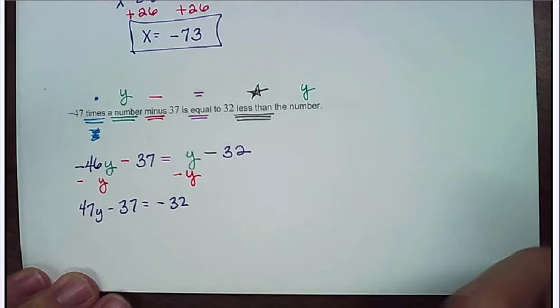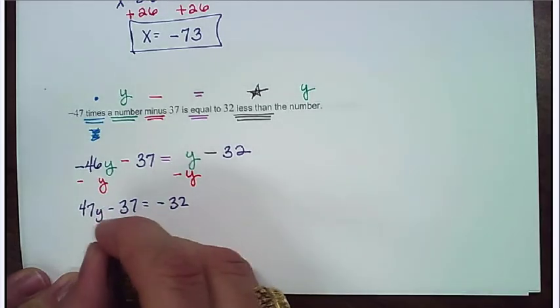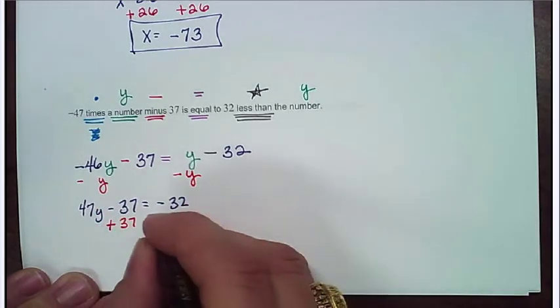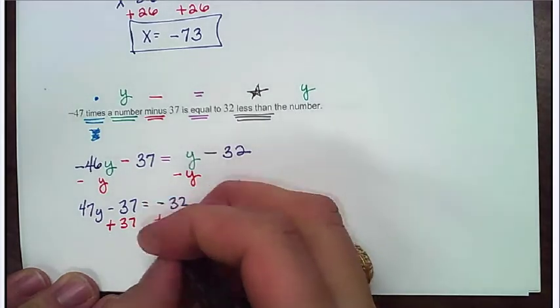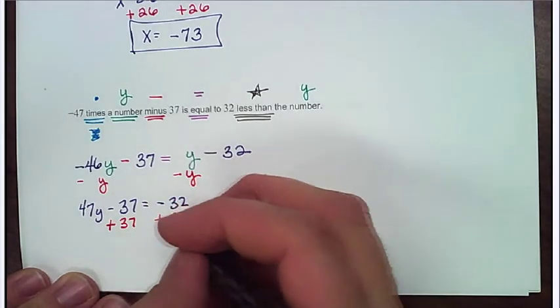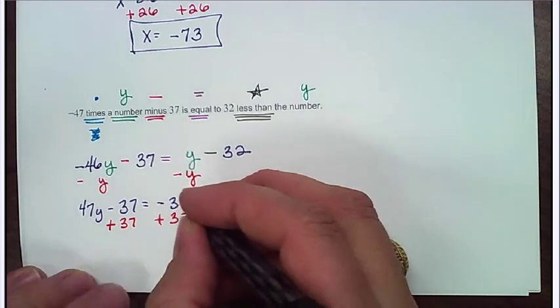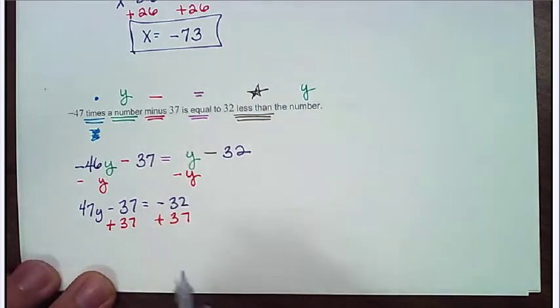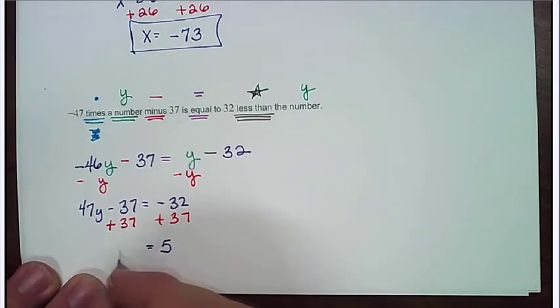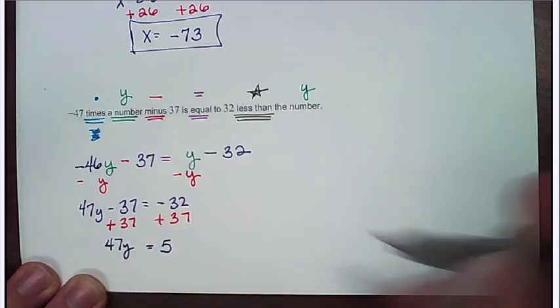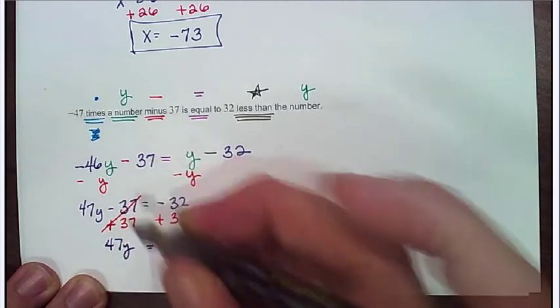Well, now I need to add 37. Again, my signs are different. I have to subtract and keep the sign of the larger. Well, 37 minus 32 is going to give me 5. My larger number is positive, so I'm going to be left with a positive 5 is equal to 47y because my 37s here canceled.